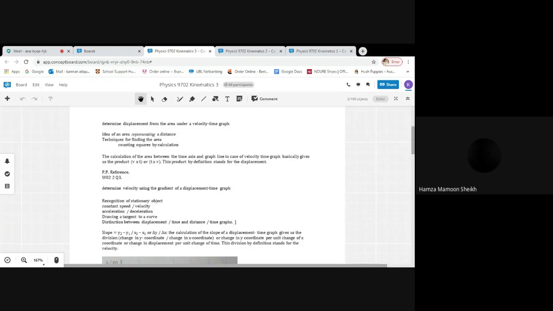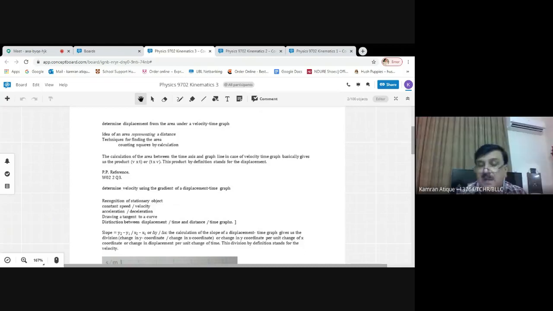I said that in order to calculate the area of the speed time graph, we are multiplying speed with time. If speed equals distance over time, then by cross multiplying, making distance the subject of the formula, distance becomes equal to speed into time.